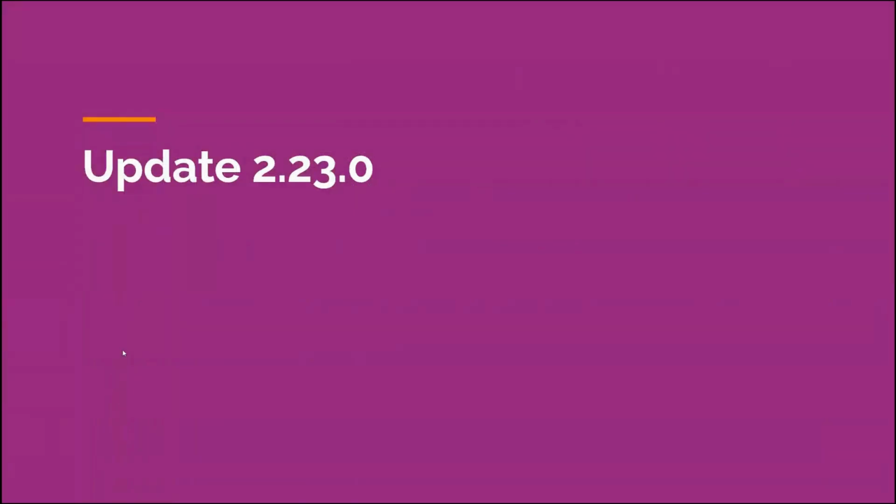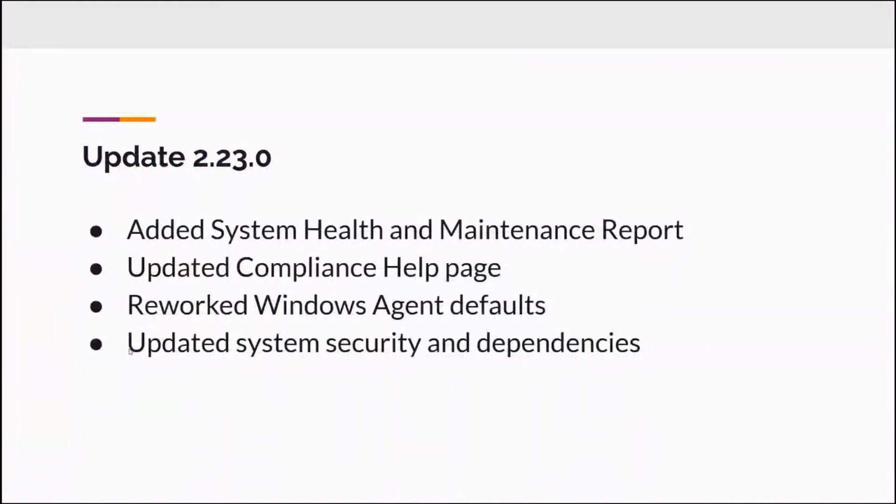So for update 223, one of the biggest things that we added was the system health and maintenance report. We also updated some things on the compliance area. The compliance help page had some dead links, so that's all been updated. Of course, since everything has been unified under a DoD CIO, with all those new links, that new website, everything has been pointed in that direction.